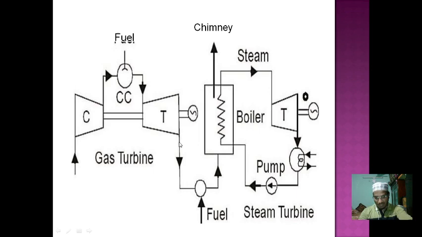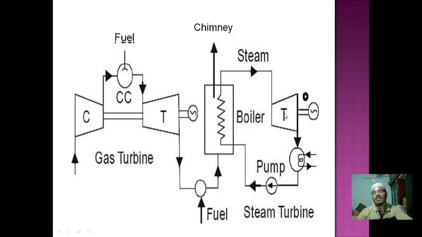Then the remaining waste steam goes to the fuel side, the inlet of fuel. Then with that waste superheated steam, it comes into the boiler. Then whatever steam is generated goes to the turbine, and the remaining gas goes to the atmosphere through the chimney.